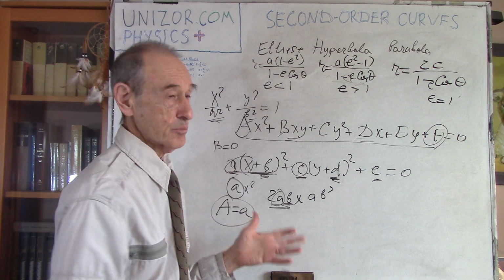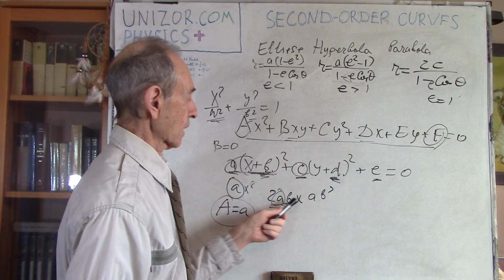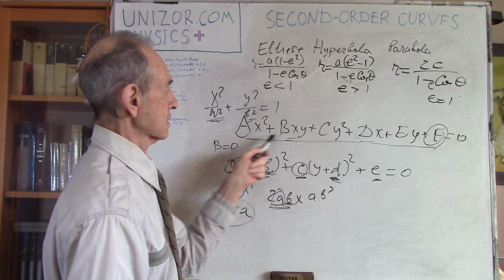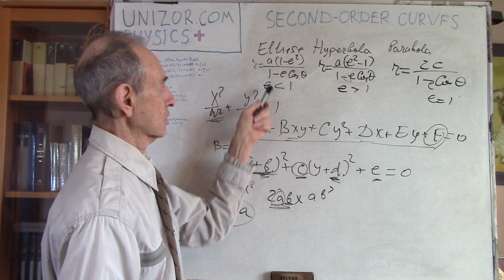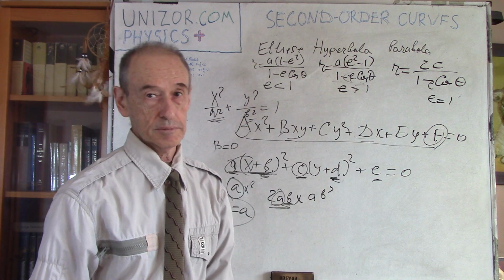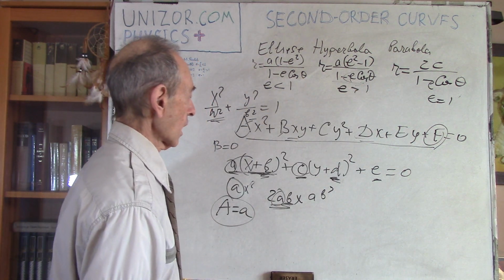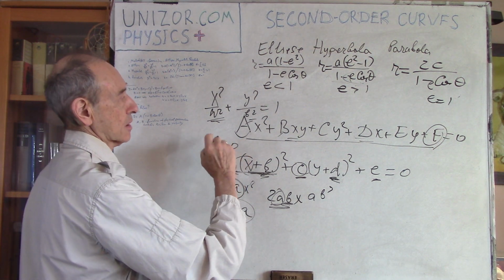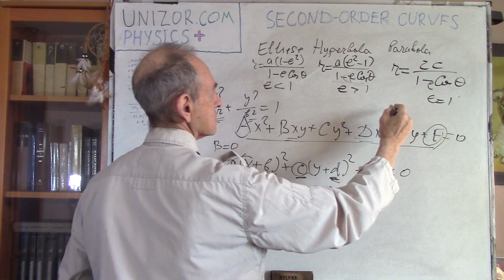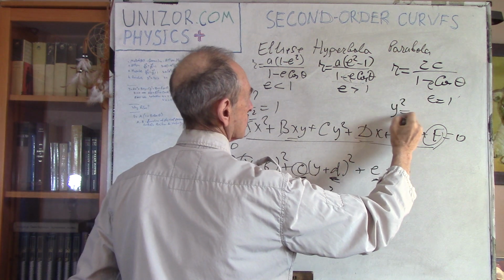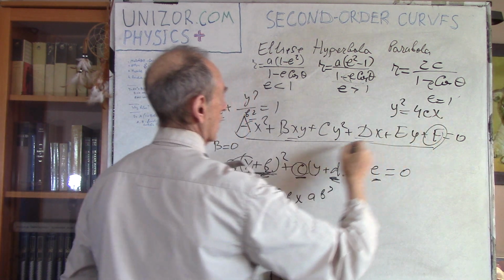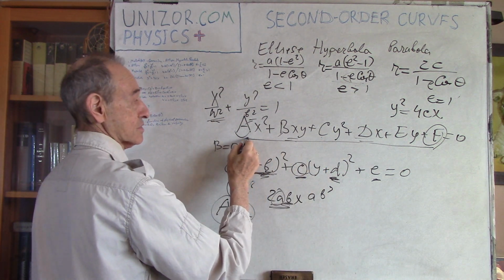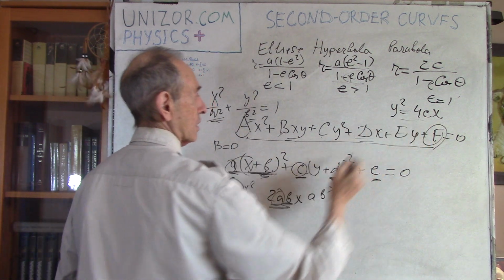So my point is that you can always find with pluses or minuses, with stretching, that this without the b would actually be converted into one of these three. By the way, one little point: in this particular case, the Cartesian coordinate would be this, right? So if this is not equal to 0 and this is equal to 0, then it will be a parabola.